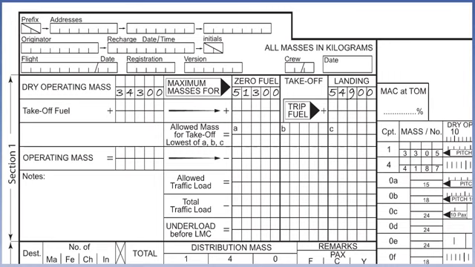Enter the fuel data, starting with the takeoff fuel, 14,500 kilograms in both the first two boxes, followed by the trip fuel, 8,500 kilograms in the third box.